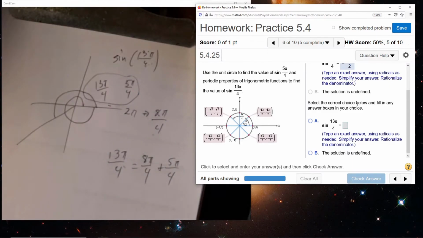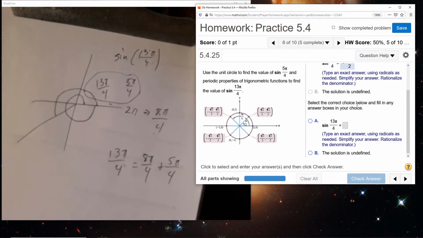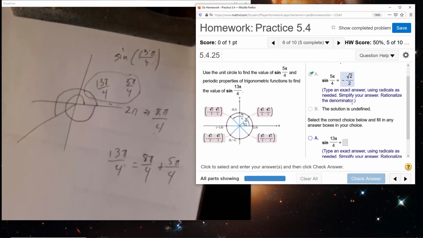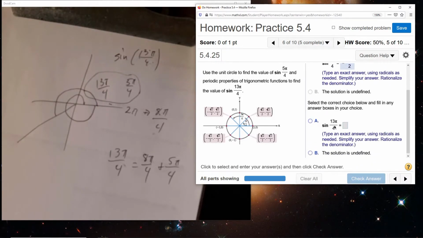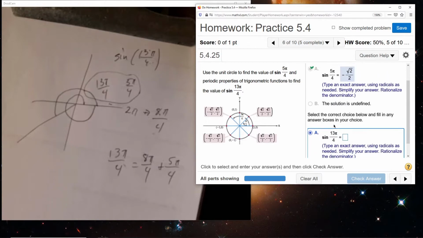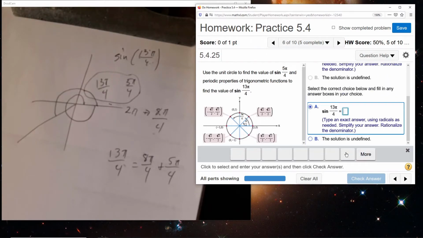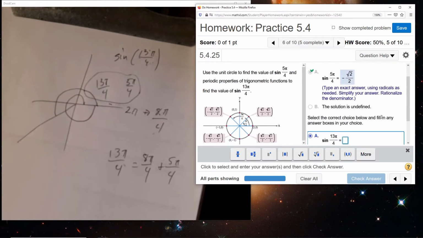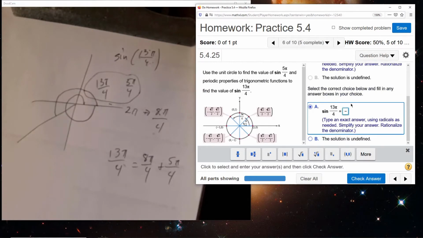So they're coterminal, and coterminal will always give the same answers. So 13 pi over 4 is coterminal with 5 pi over 4, which means they have the same answers then. They're representing the same initial and terminal sides.